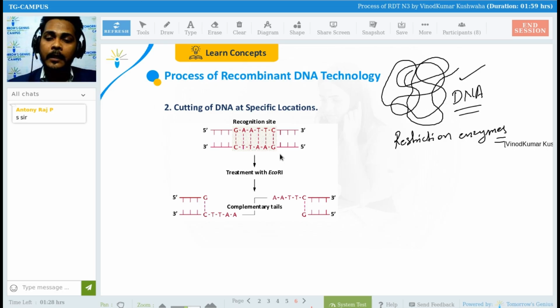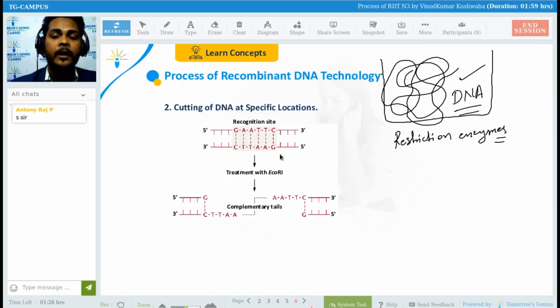Now when you add the restriction endonuclease enzymes in a tube, you need to transfer this into the agarose gel electrophoresis. Why do we need to transfer this into agarose gel electrophoresis?